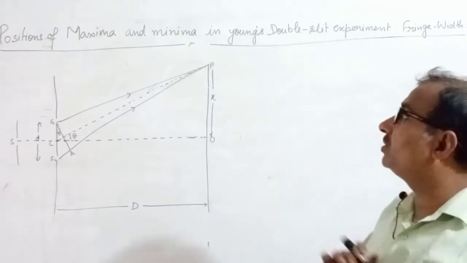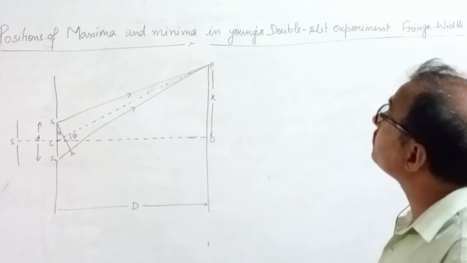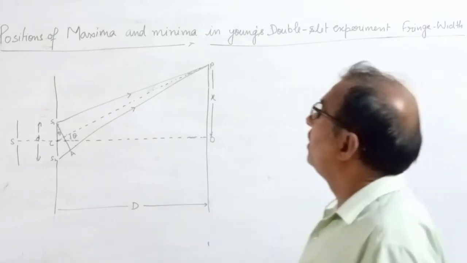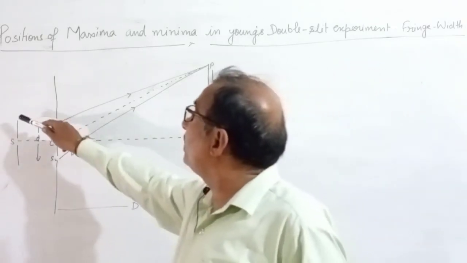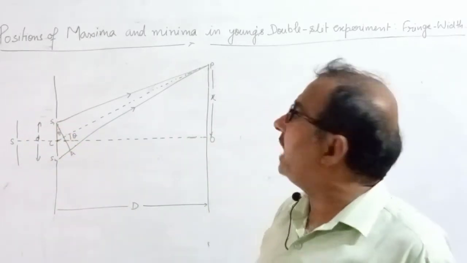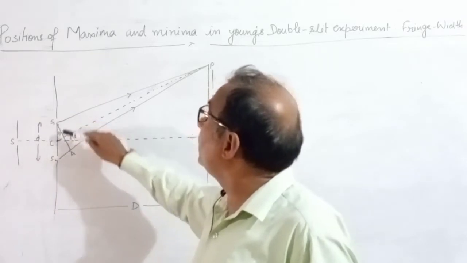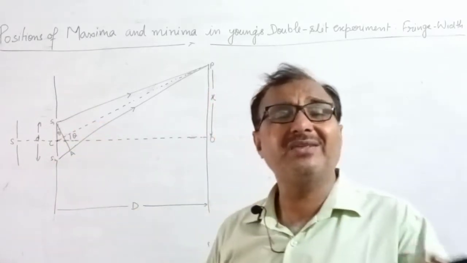So here I am going to discuss the position of maxima and minima. See here, in Young's double slit experiment, we take a light source S, and light rays coming from S fall on two slits S1 and S2. What are slits?